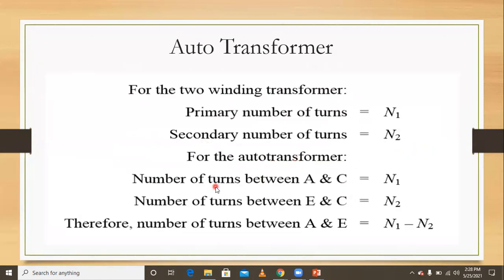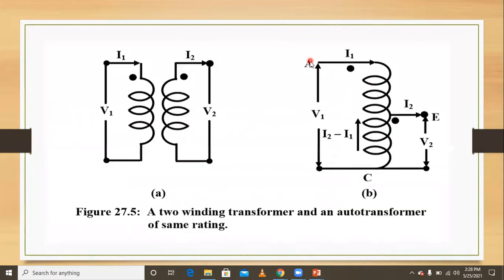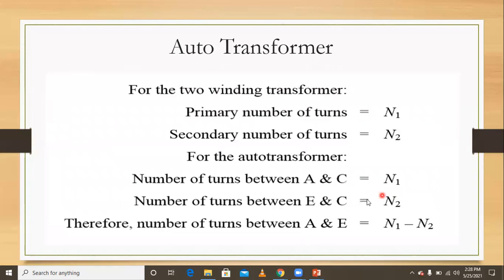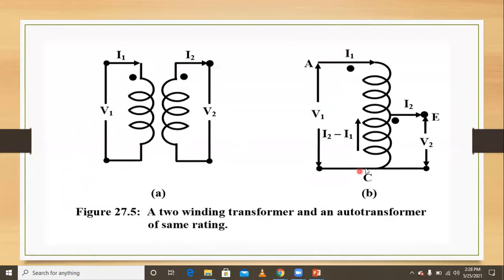For the auto transformer, the number of turns between A and C is called N1. The number of turns across the output terminals E and C, across the load, is called N2.